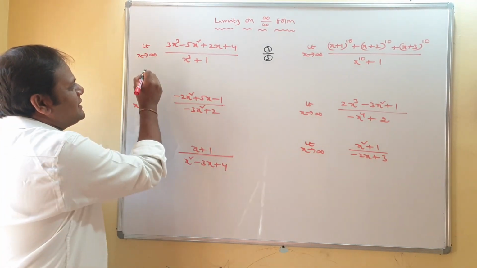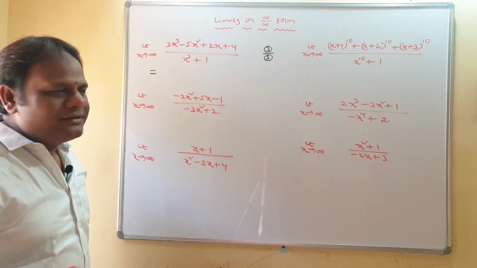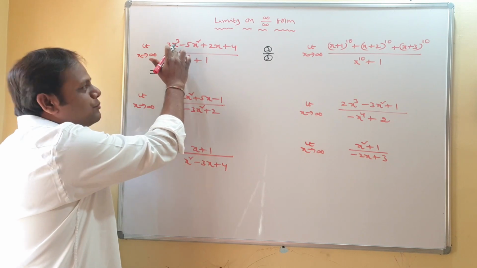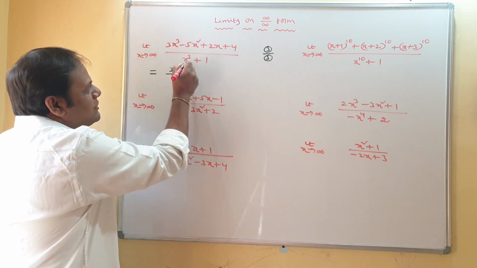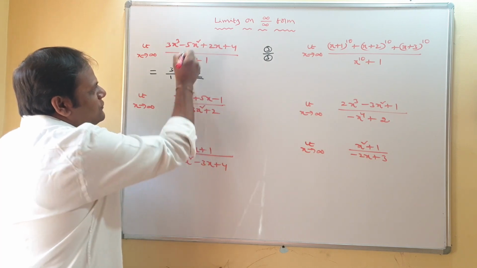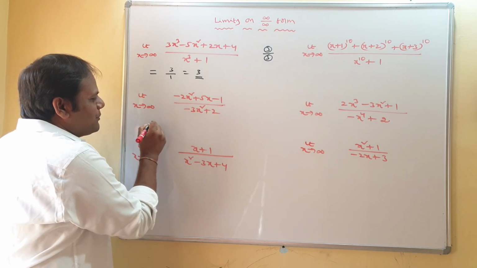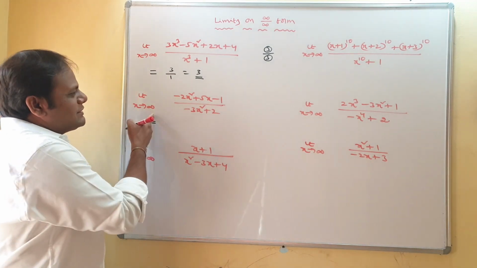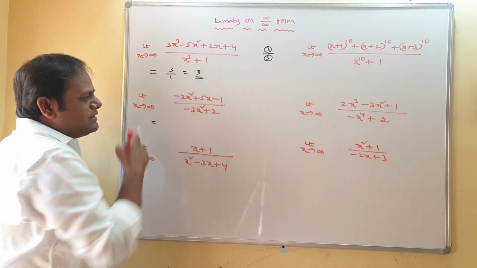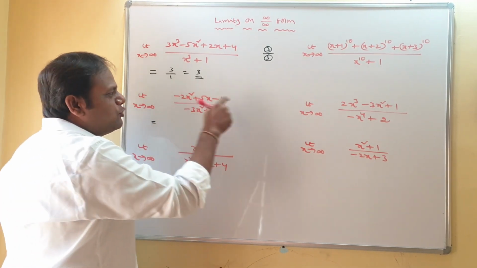So the answer is the ratio of their coefficients. That's all. What is highest? X cube. Its coefficient 3. Highest x cube. Its coefficient 1. So the answer to this question is 3. That's all. See, coming to this problem. Limit x tends to infinity of f of x by g of x. Again, what is the highest power of the numerator?